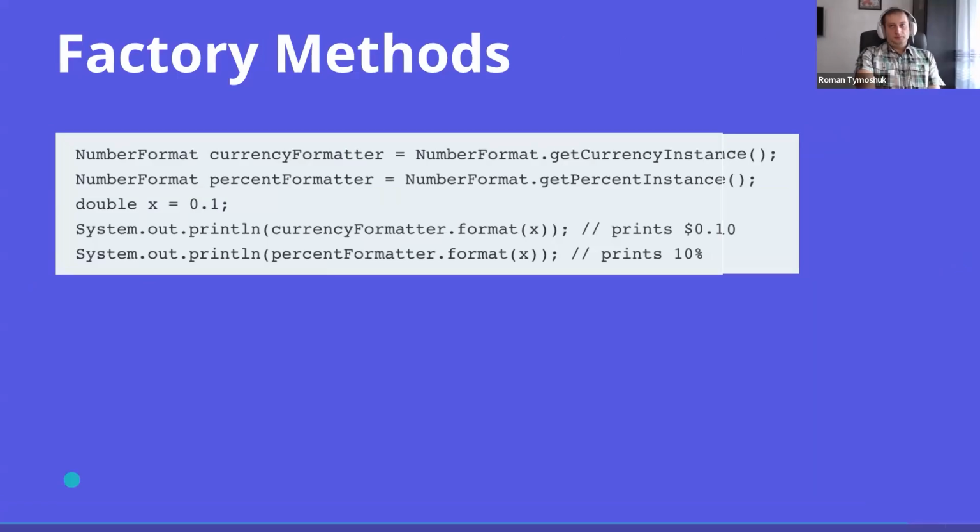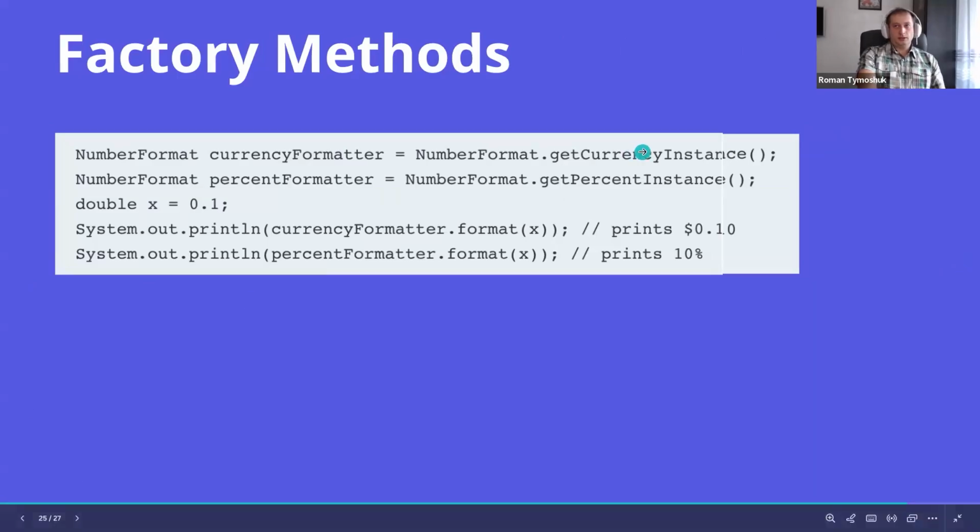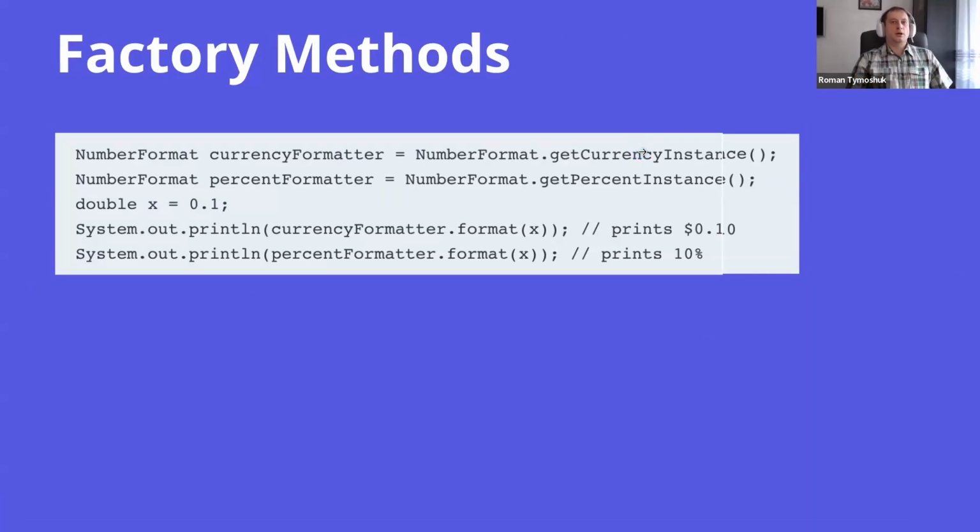Then factory methods. We already talked about how we create objects from the constructor. It's quite a common way. But there is an additional pattern in programming and object-oriented design, the factory method.